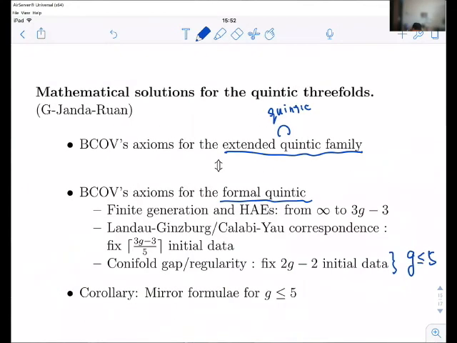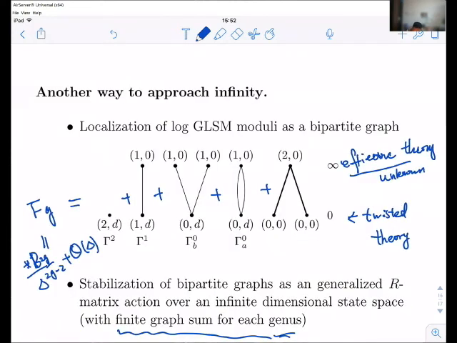And the equivalence we prove is that we found, at least for lower genus, this conifold gap is equivalent to saying that the leading term... So this is just some experimental result. We experimented up to genus 5.